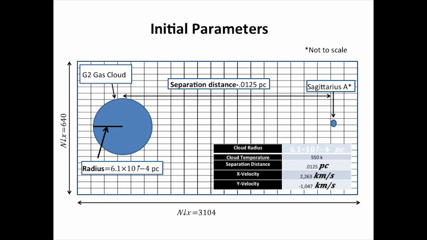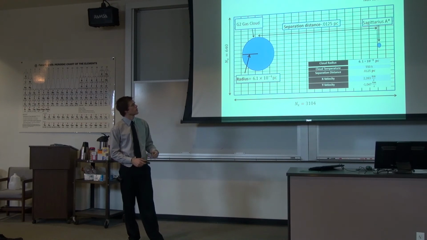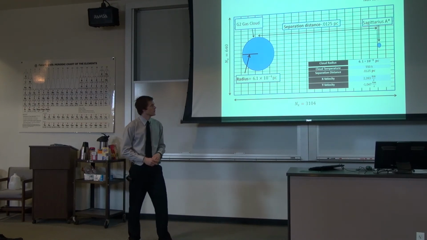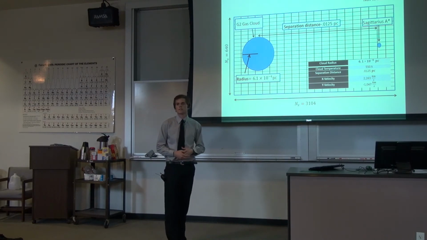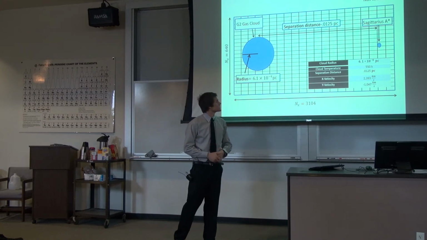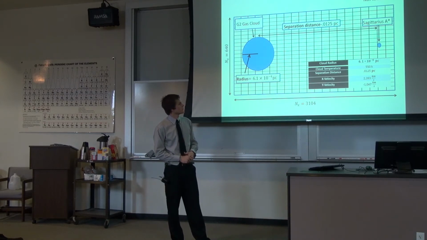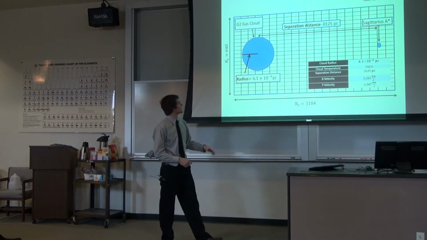And we set it at an initial separation distance of 0.0125 parsecs from Sagittarius A. And all of this data is coming from astronomy observations in 2011. And then we initialize its temperature, 550 Kelvin, separation distance, and we initialize its velocity in the x and y direction. And we set it on this grid space.